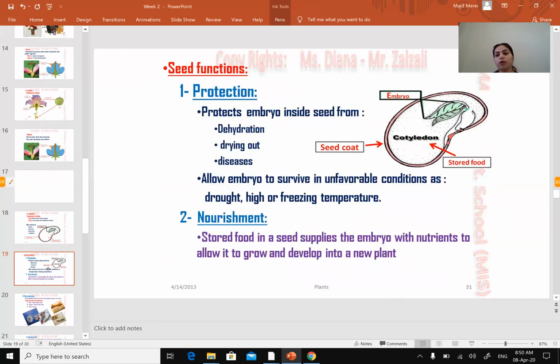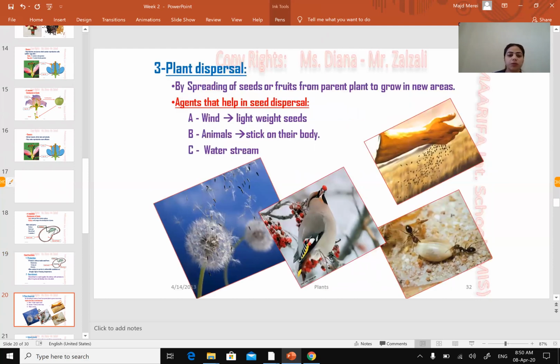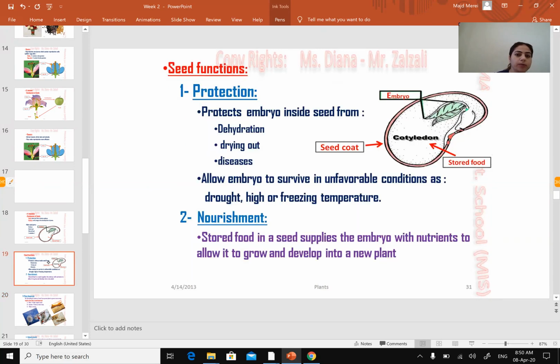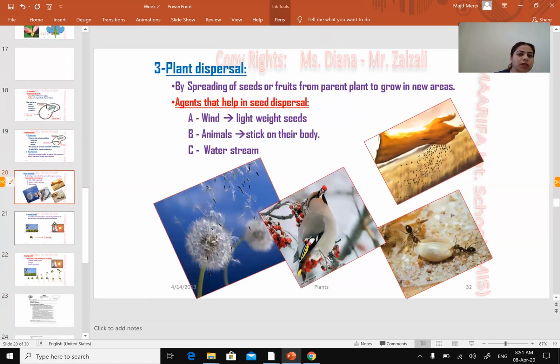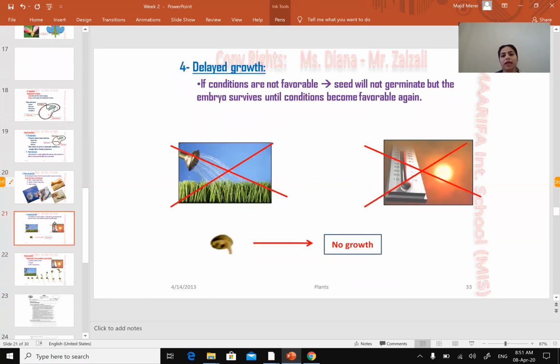There are 4 functions for seeds: protection, nourishment, plant dispersal, and to delay the growth. Protection, nourishment, plant dispersal, and delayed growth.